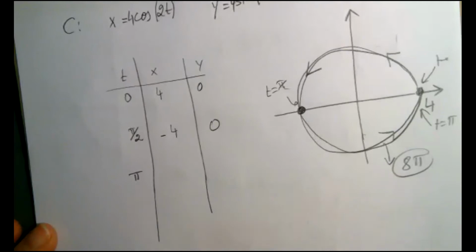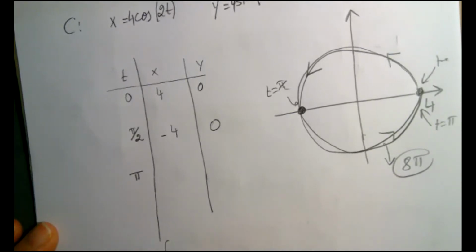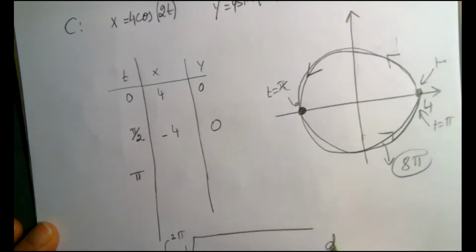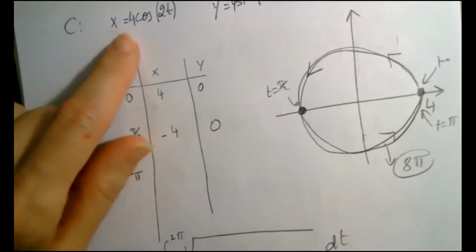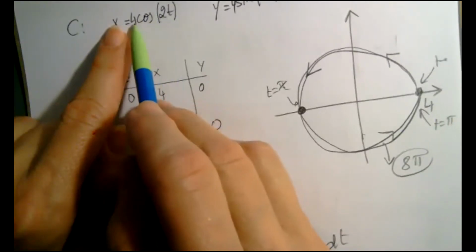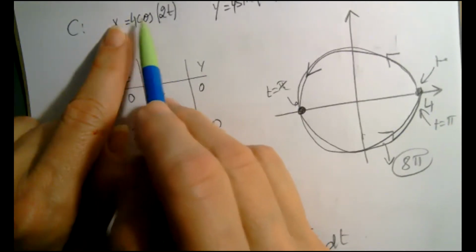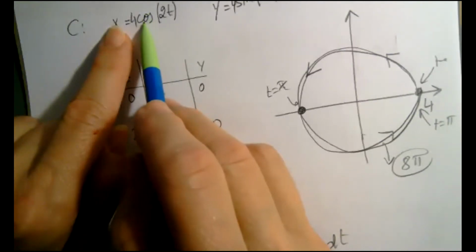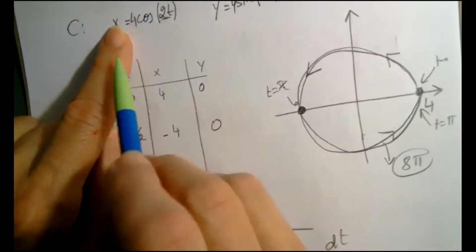But if I use the formula and I compute the length, what are we gonna get? When I compute the derivative here, I will have 4 sine 2t or minus sine 2t times the derivative of the inside.